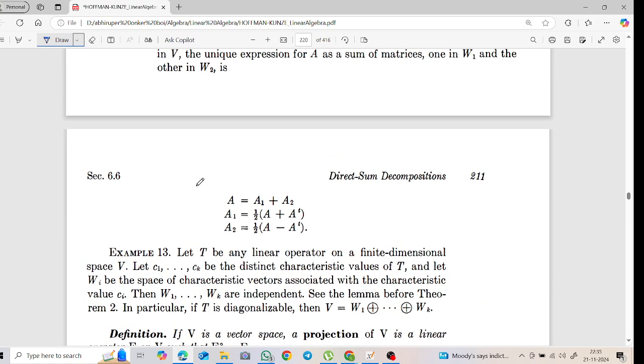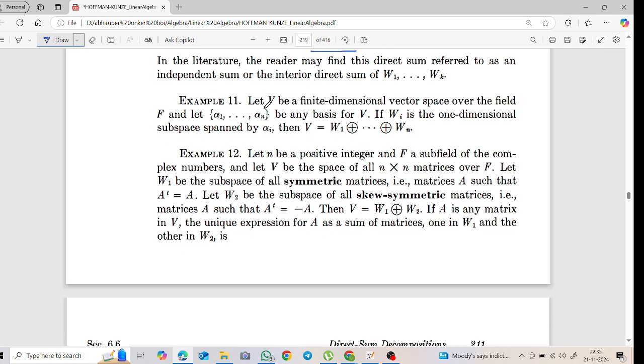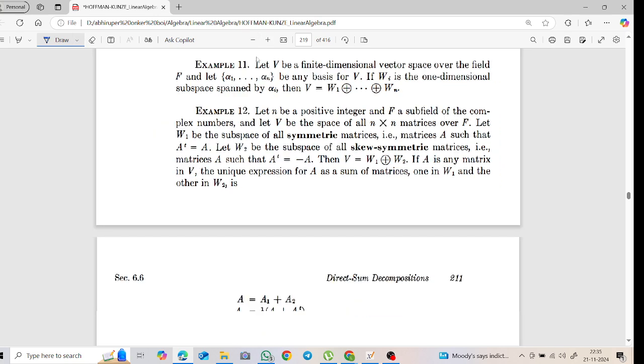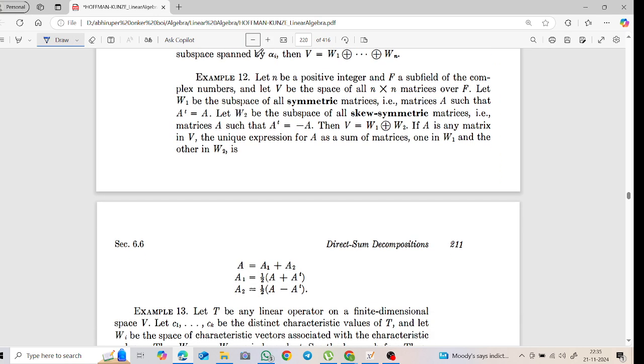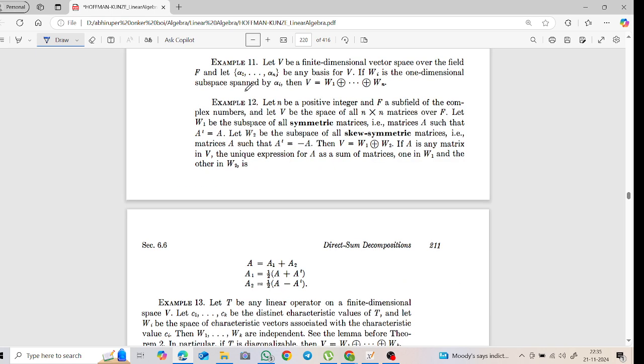Okay, I will give you 3 to 4 minutes to go through these examples. These are pretty easy examples. You should be able to go through this. 5 minutes you take. These are not very tricky things.